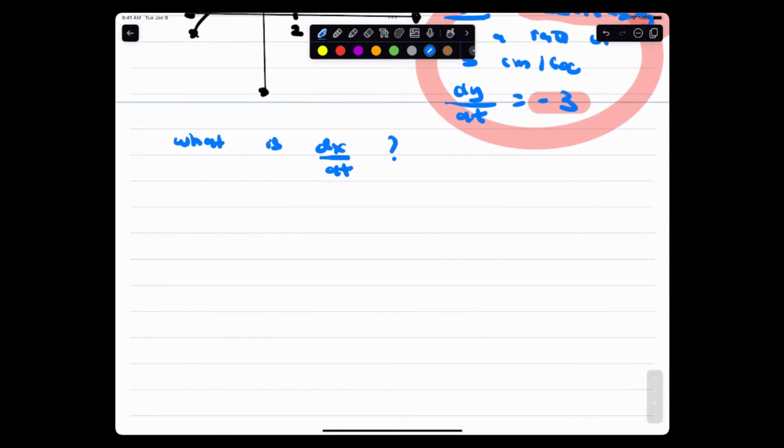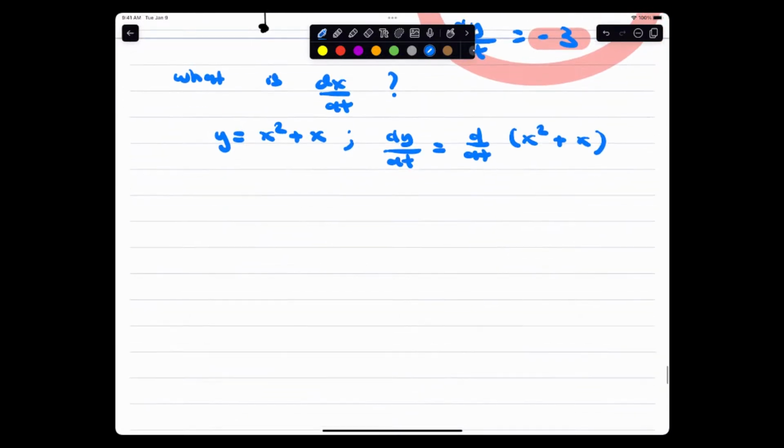Okay, so since y equals x squared plus x, we get dy/dt is d/dt of x squared plus x. And so dy/dt becomes d/dt of x squared plus d/dt of x, which is dx/dt, just by definition, using operator notation.